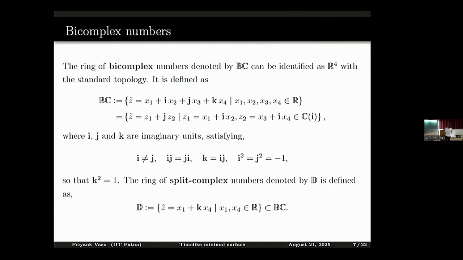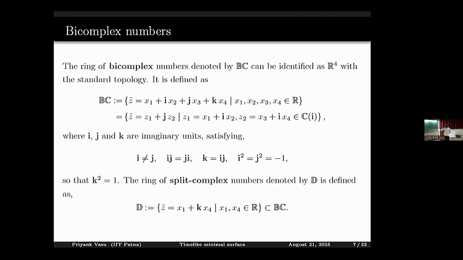For that, I am defining the bicomplex number. The bicomplex numbers, denoted BC, form a ring, and the topology on them is that of R4, with coordinates x1, x2, x3, and x4, where i is an imaginary unit, j is an imaginary unit, and k is an imaginary unit. The i, j, and k are different imaginary units, where i squared and j squared equal -1, and k squared equals 1.